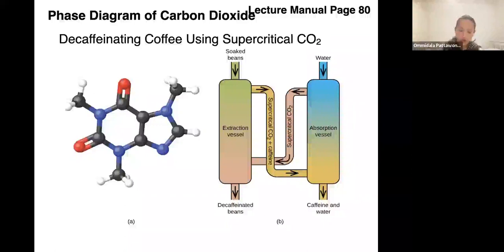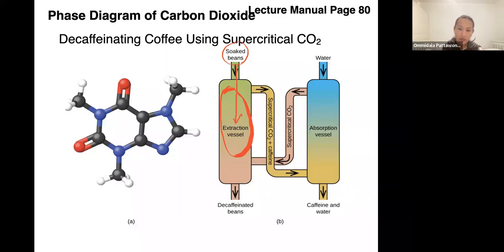It starts with soaked coffee beans being fed through this extraction vessel, and the supercritical fluid of CO2 will pass through this extraction vessel. As I mentioned earlier, a supercritical fluid has properties like a gas and also like a liquid.